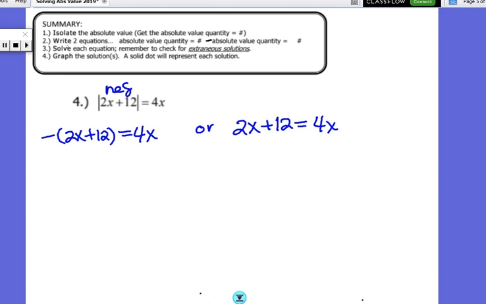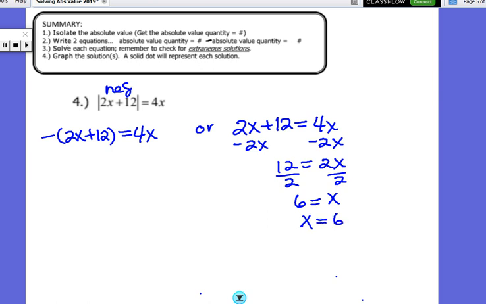Alright, since my 4x is by itself already, I'm going to subtract 2x. So I get 12 is equal to 2x. Divide both sides by 2. So 6 is equal to x, or using the symmetric property, x equals 6. Alright, let's solve the negative half. I'm going to divide both sides by negative 1, save myself some work.